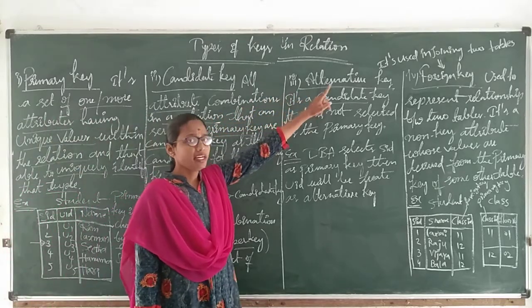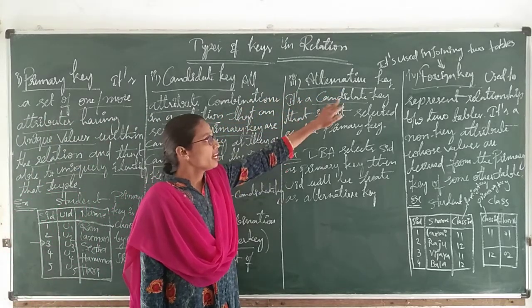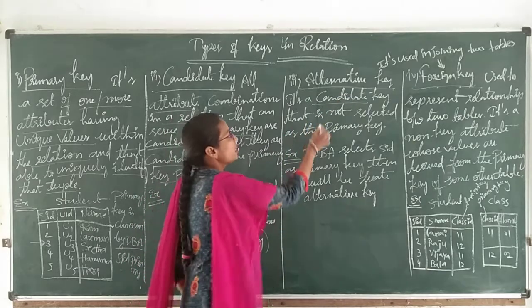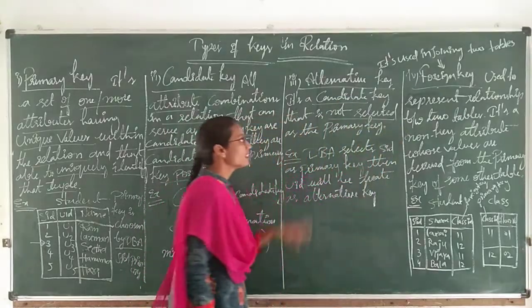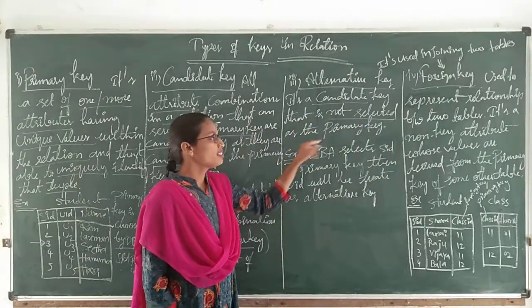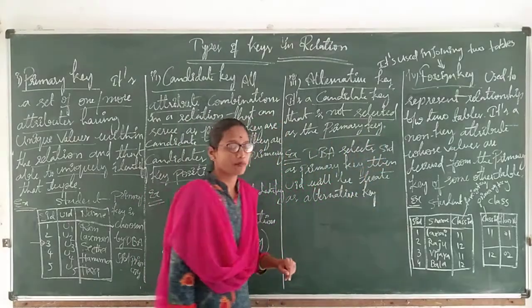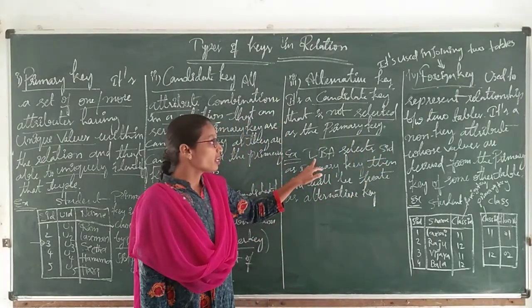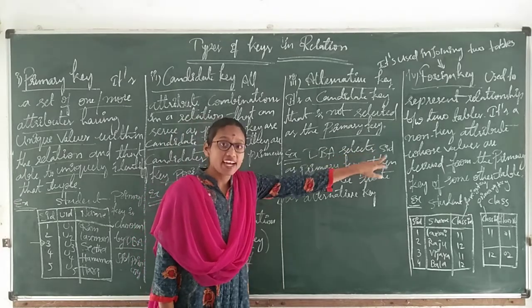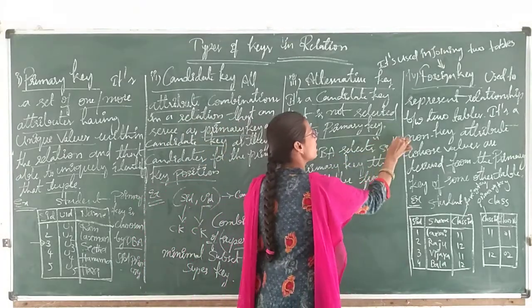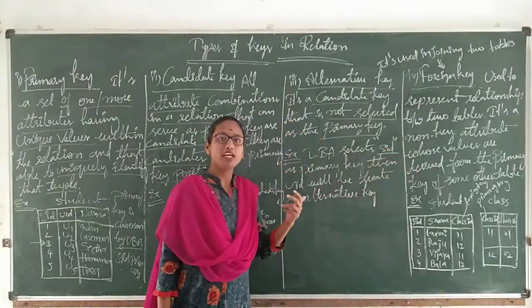Here, the alternative key is a candidate key that is not selected as the primary key. Here we have one example. The DBA selects SID, student ID. Who selects that SID is unique, the primary key?